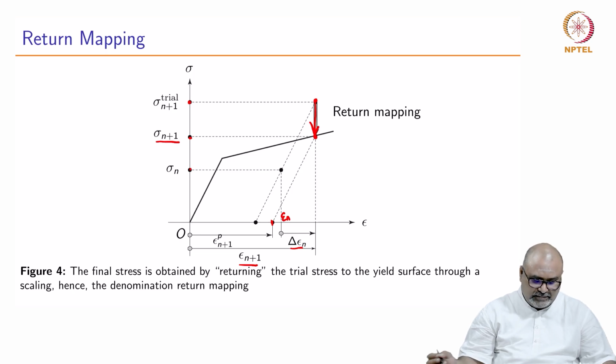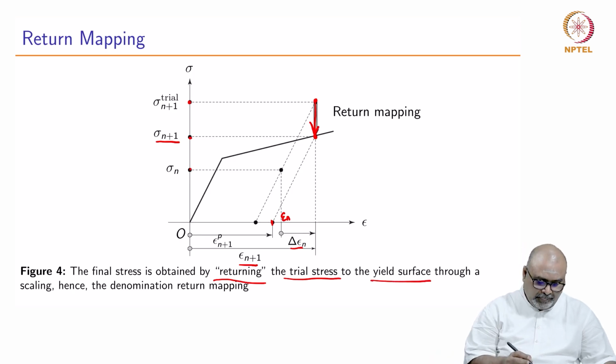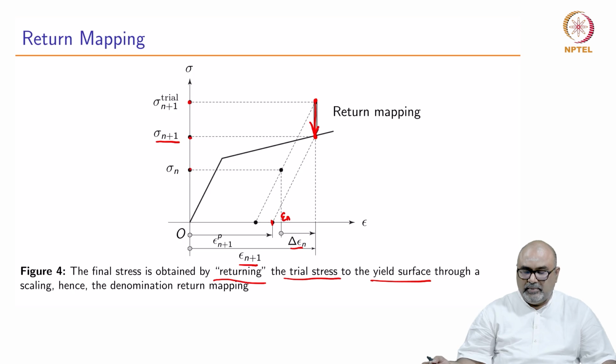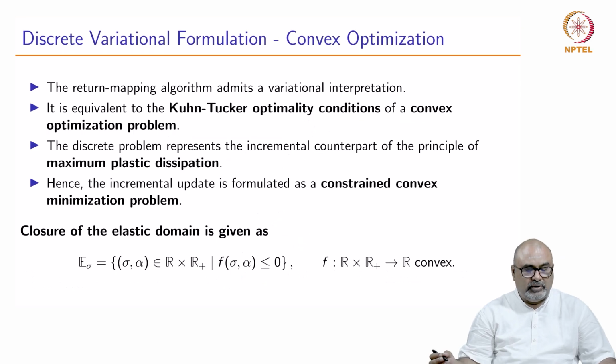So, the final stress is obtained by returning the trial stress to the yield surface through a scaling factor, hence the name return mapping, that is used to get the correct admissible stress state when we are doing a strain driven problem.